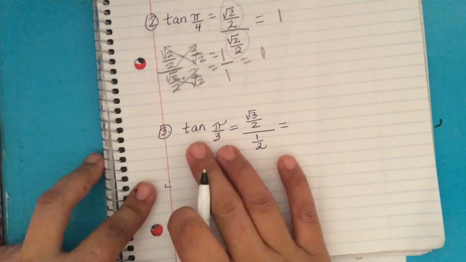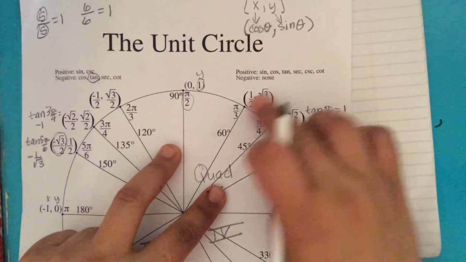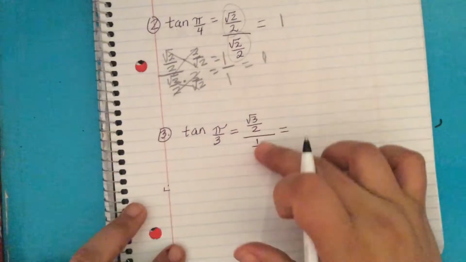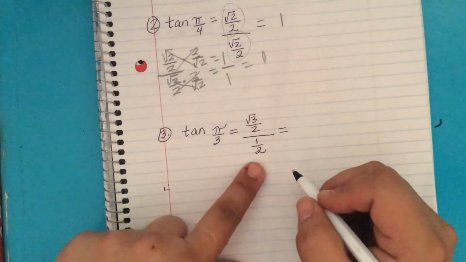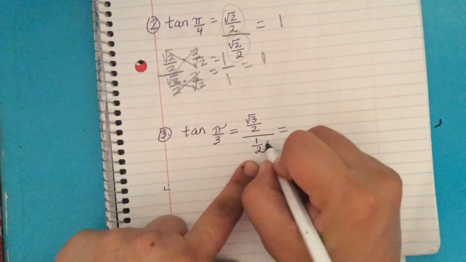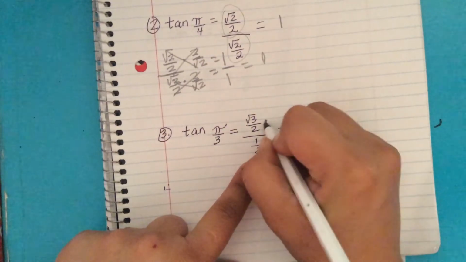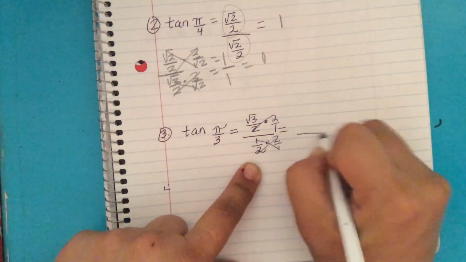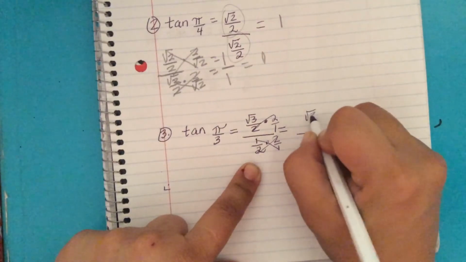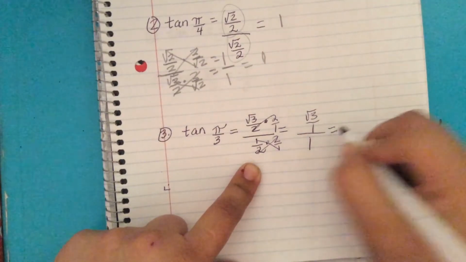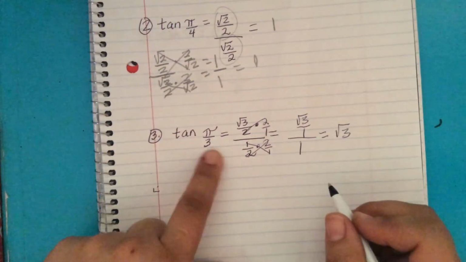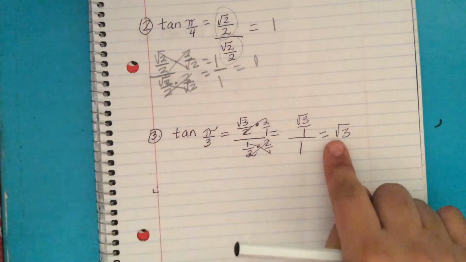Then we're going to do the tangent of pi over 3. Tangent of pi over 3 is the sine over the cosine, so it's that over that, which is this over here. And then we're going to multiply by the reciprocal of the denominator, which is 2 over 1 times 2 over 1. So those cancel, so that's all over 1. So this is square root of 3 over 1, which is just square root of 3. So the tangent of pi over 3 is the square root of 3.